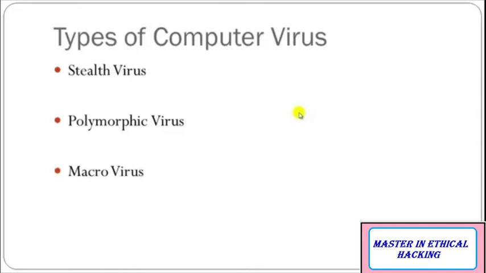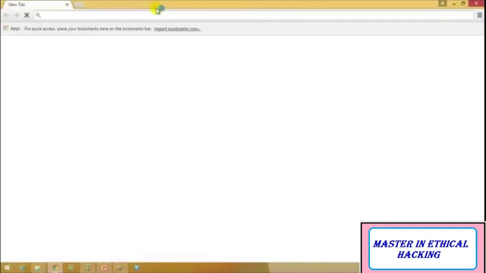And the most dangerous of all would be the polymorphic virus. Polymorphic virus acts as a chameleon. It changes its virus signature, its binary pattern, every time it multiplies and affects a new file. So in short, let me show you a diagram. There was a famous diagram on the internet that I was looking at some days back.